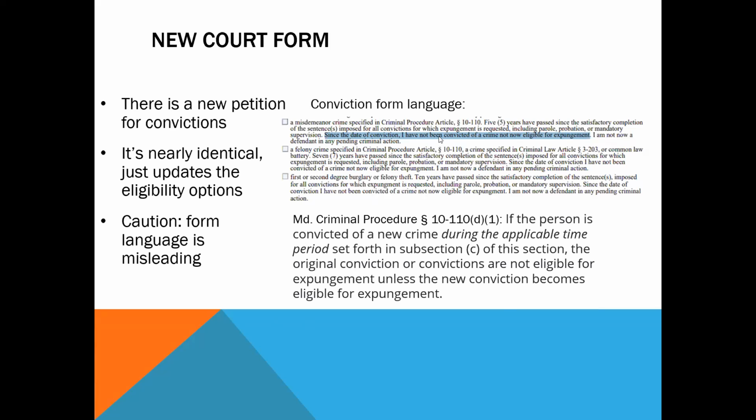The old forms said that as well. And the good news is this has never really been a problem for filing expungement. There never seemed to be any pushback from the courts based on this incorrect statement of the subsequent conviction rule, as long as, of course, the client actually is eligible under the real language of the statute.